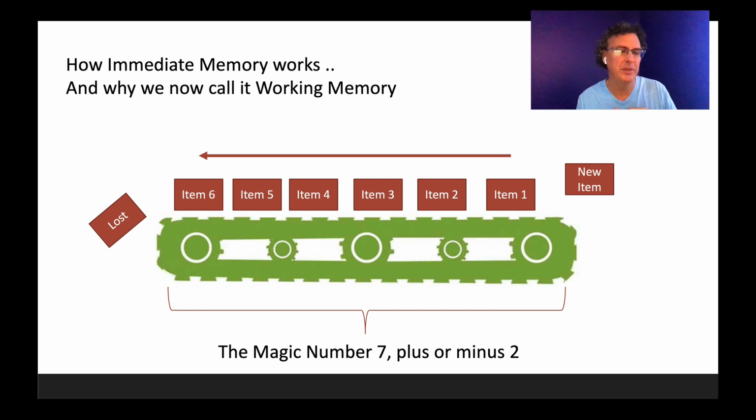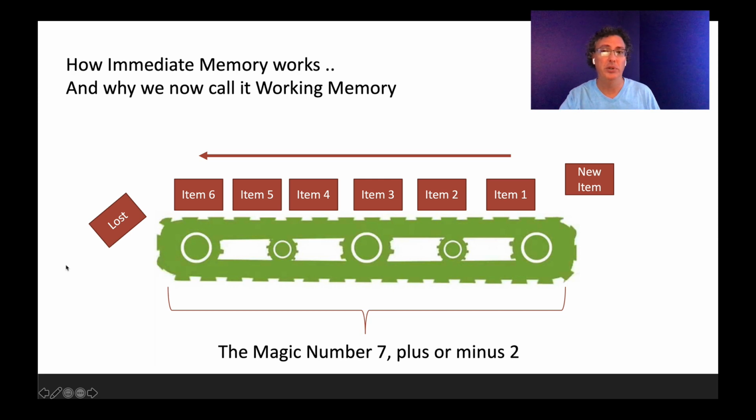We can talk about what items are in just a moment. But it can only hold so many. So if you're trying to work with, let's say, those 7 memories, as you keep adding new information into working memory, there's only so much it can hold. And if you try to add too much, other stuff gets lost out the other side.